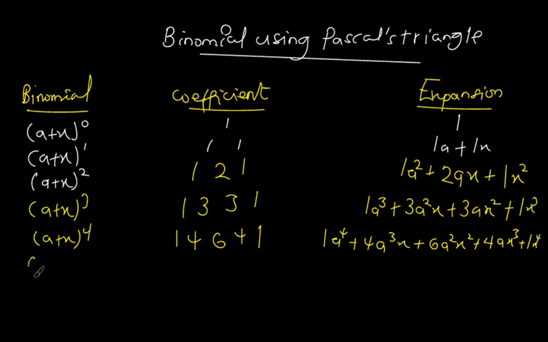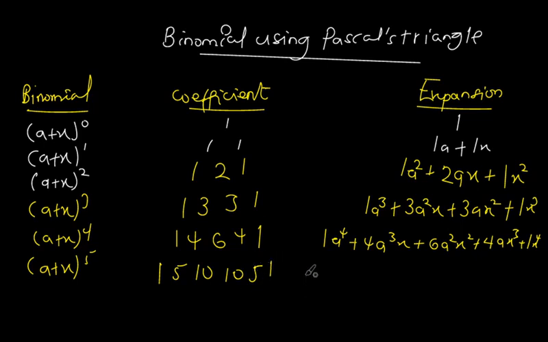Okay, so if we have a plus x raised to the power 5, guess what the coefficients are going to be? So they will be 1. We repeat the 1, plus 4 is 5, then 4 plus 6, sorry, will give us 10. 6 plus 4 will give us another 10, and then 4 plus 1 will give us 5, and then we repeat the 1.